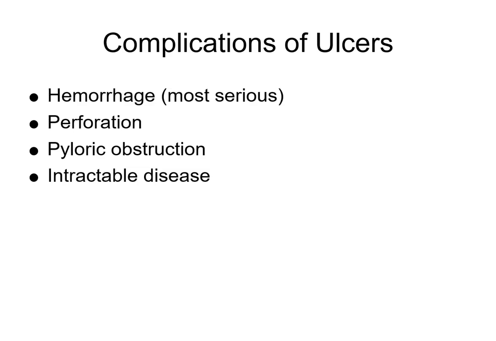How will the nurse know that a pyloric obstruction has occurred? What kind of symptoms will they be having? Vomiting. They're going to be vomiting. Symptoms of obstructive complication are going to be abdominal bloating. They'll have nausea and vomiting.